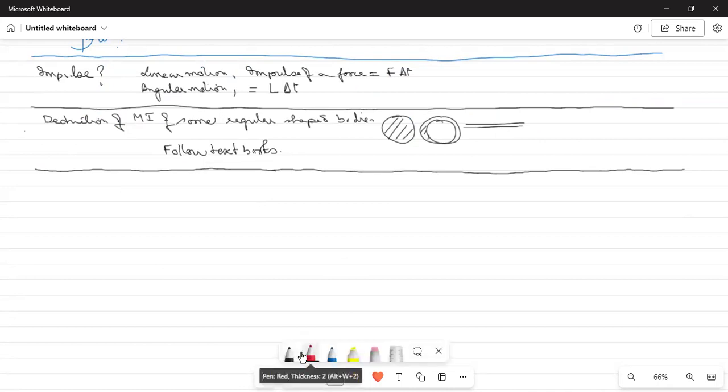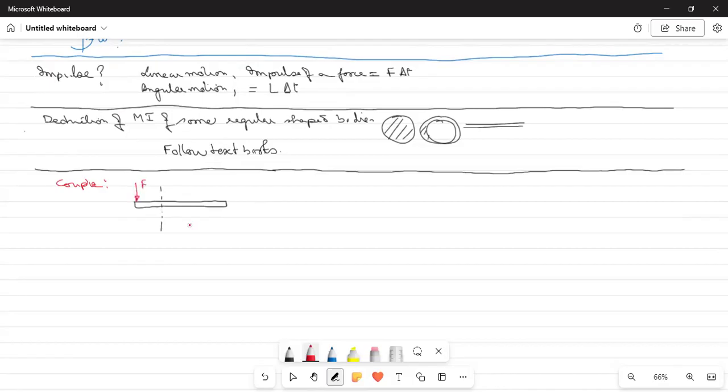Now, there is another point which is called a couple. What is a couple? Whenever you have a body, which can be of any shape, and you have an axis of rotation anywhere in the body, and say there are two forces of equal amount.